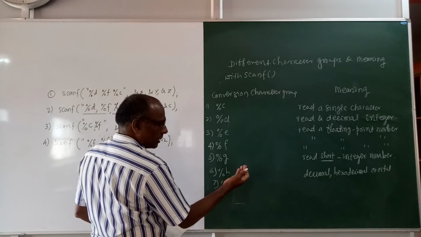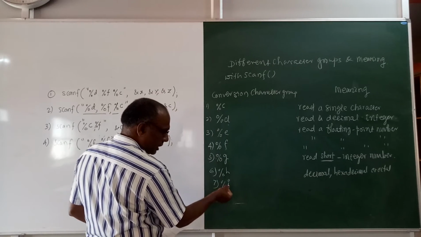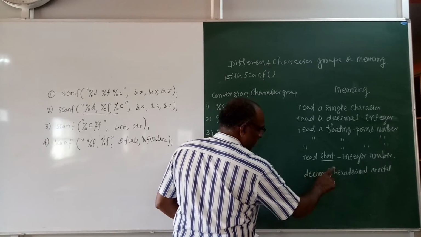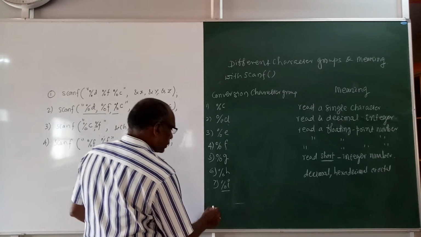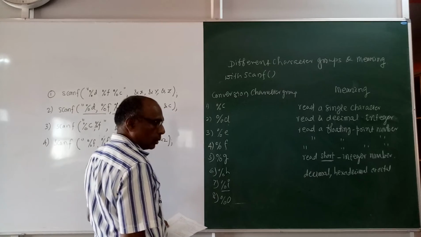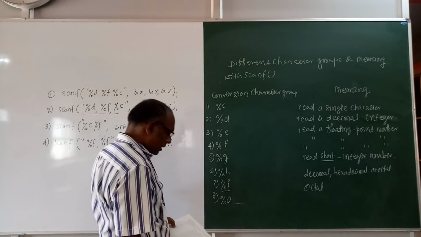This control string combination of percent and I will read decimal, hexadecimal and octal numbers. If you use percent O alone, it is for octal itself.